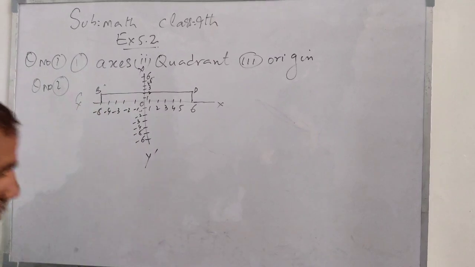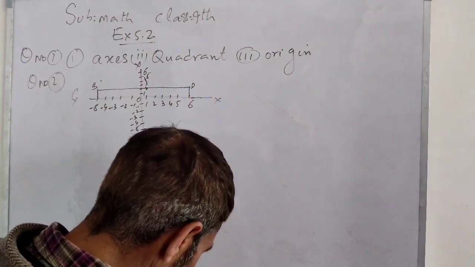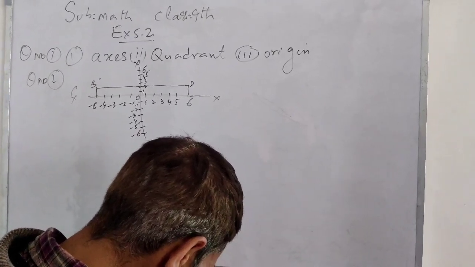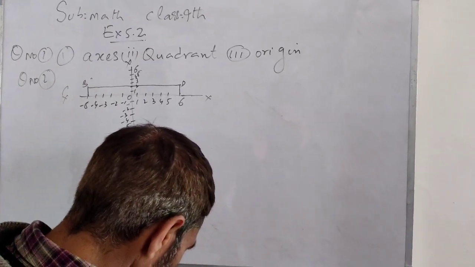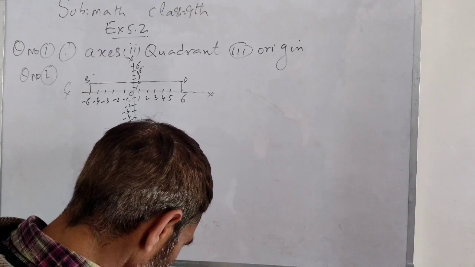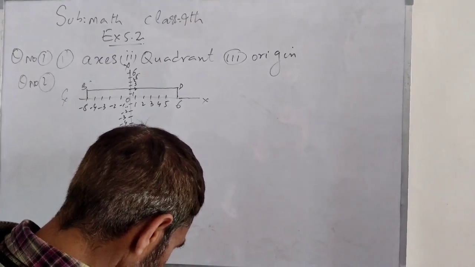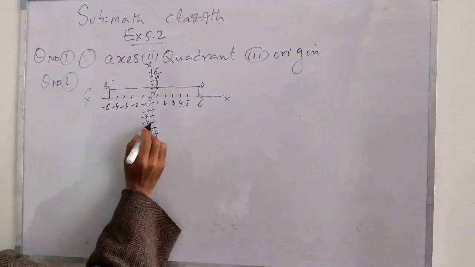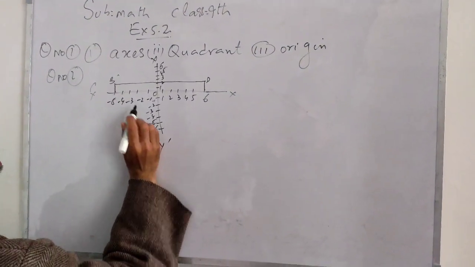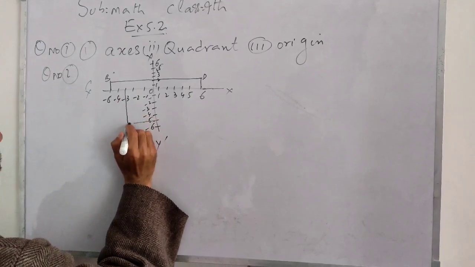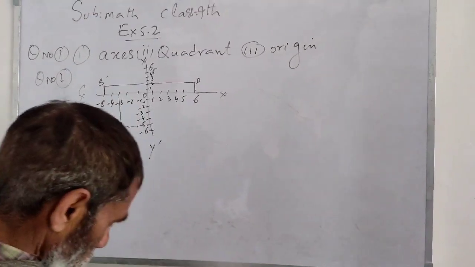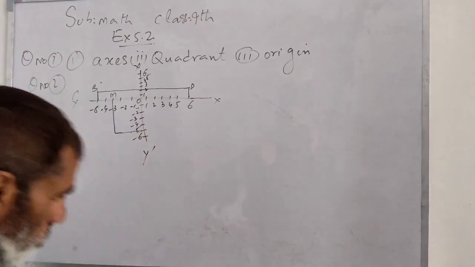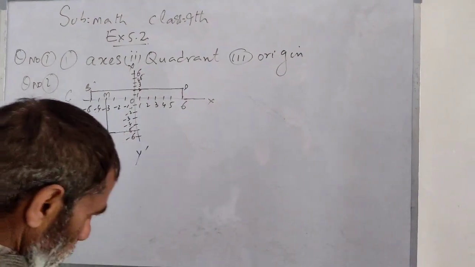This is the position of B. Similarly, M point is minus 3 units on negative x-axis and minus 5 units on negative y-axis. This is M, this is E.